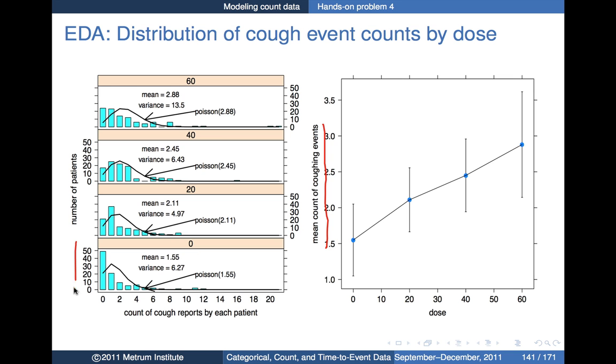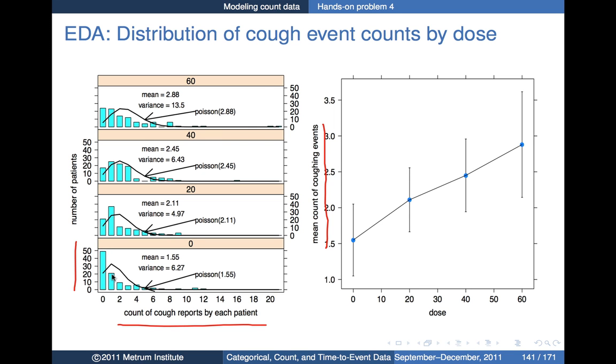So on the y-axis we have number of patients, and on the x-axis it's the number of coughing events in there. So those are shown as a histogram here to describe this distribution. So you can see, for example, down here with the placebo group in the lowest panel, it looks like roughly 50 patients had no coughing events.